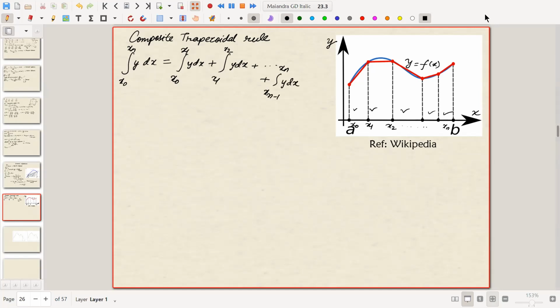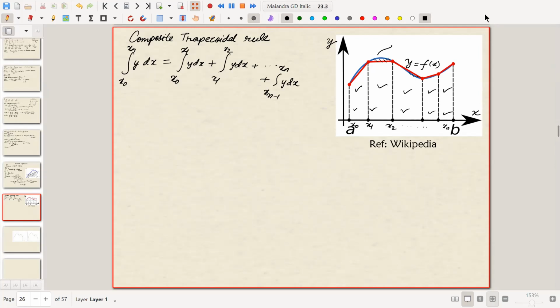You are taking the whole integration as the sum of each of these areas. And these are the errors which have crept in, the errors which your formula is not able to take into account.